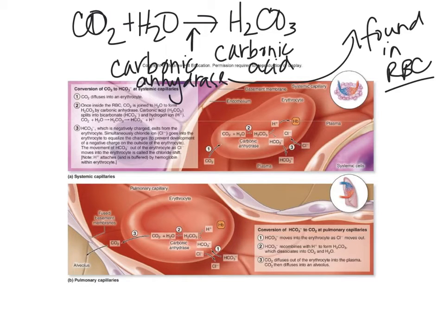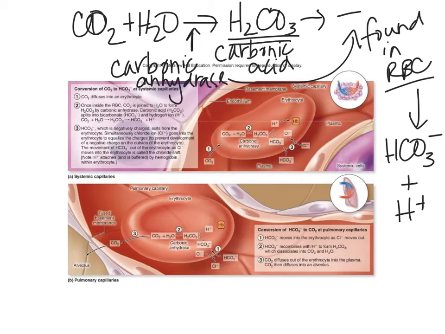Now this molecule is not very stable, so it splits, and I didn't give myself enough room. It splits, I'm going to go down here, to HCO3 negative plus a hydrogen ion.